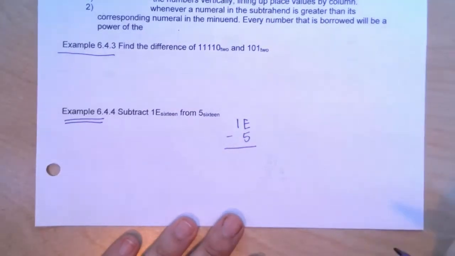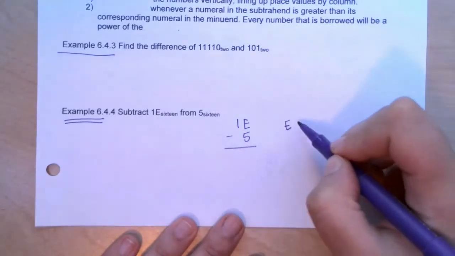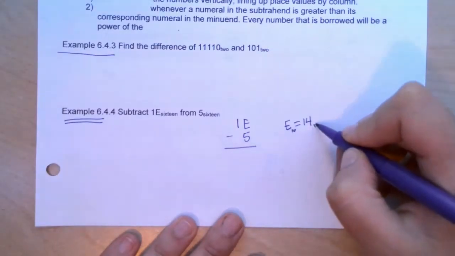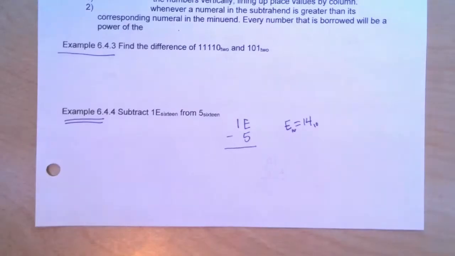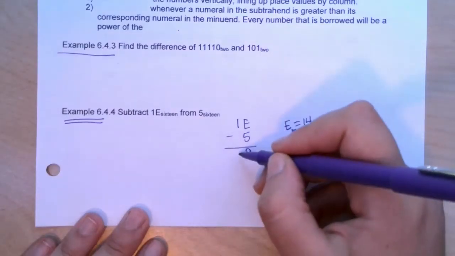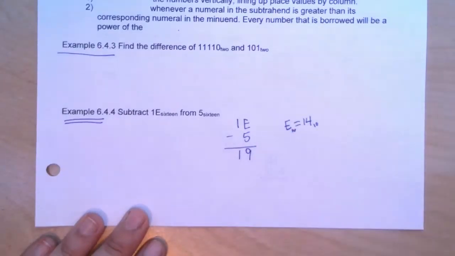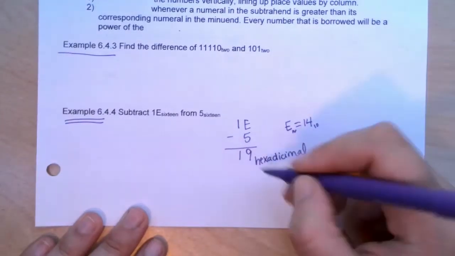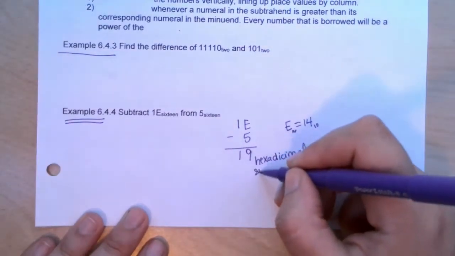Now remember, e in base 16 was 14 in base 10. So 14 minus 5 would give us 9, and then 1 minus 0 would give us 1. So again, this would be our hexadecimal number, or base 16.